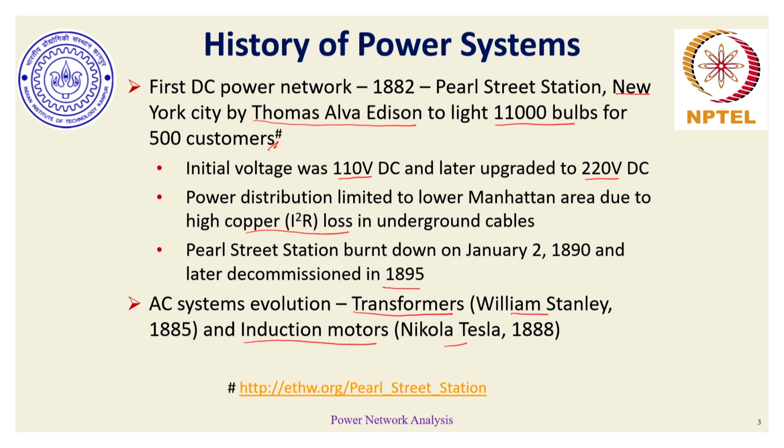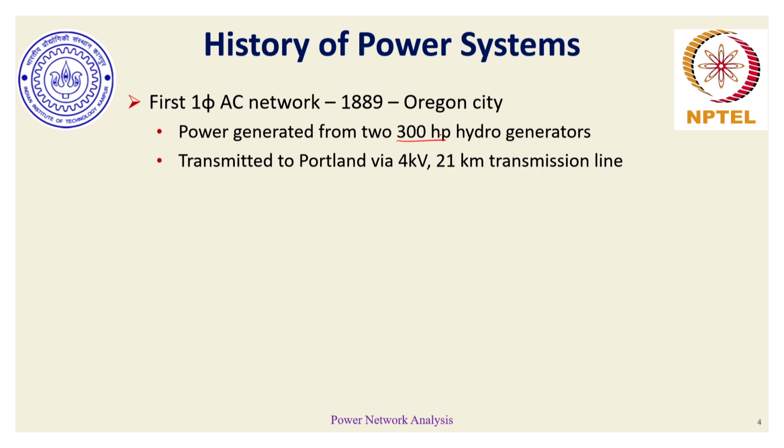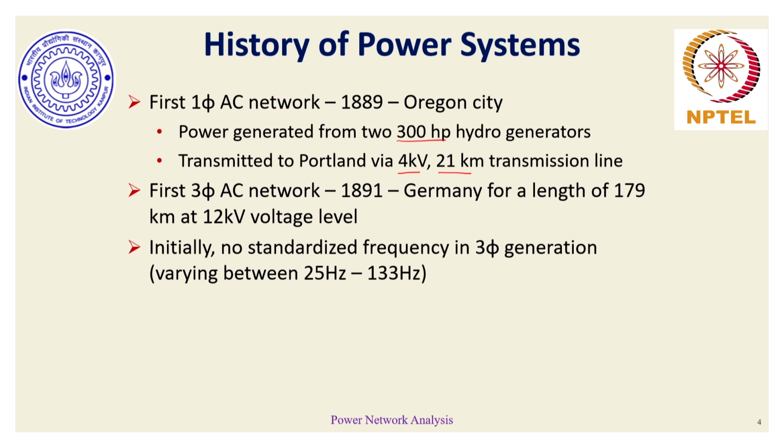And around the same time, we also had our first single phase AC network in Oregon City, where power was generated from two 300 horsepower hydro generators, and the transmission was done to an area in Portland at 4 kV, and the length was around 21 kilometers. Again, this was a very small single phase AC power network.